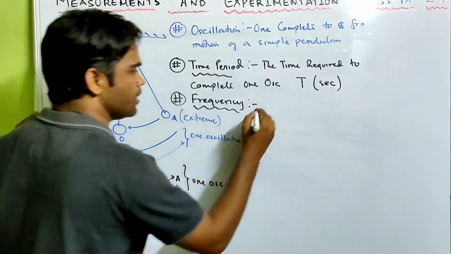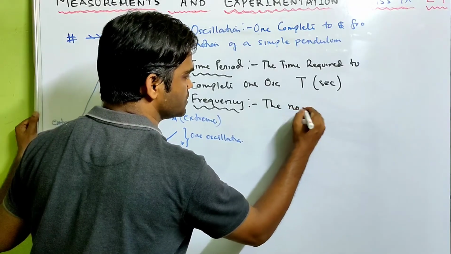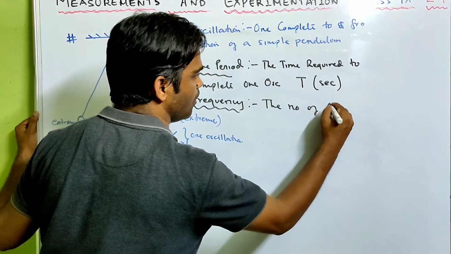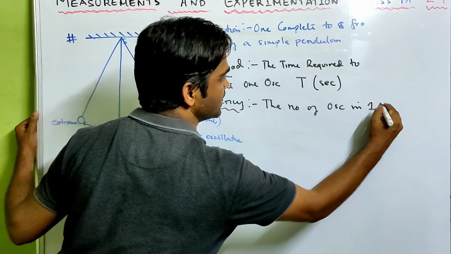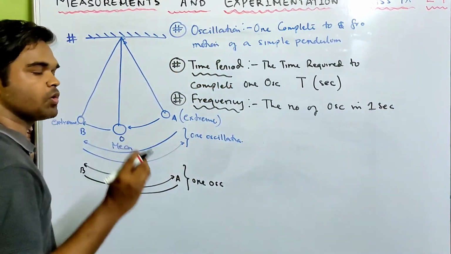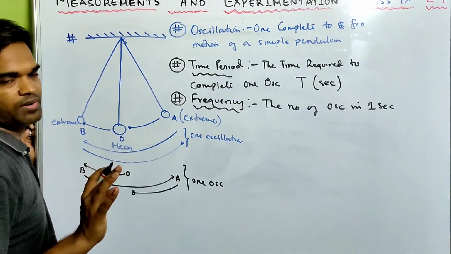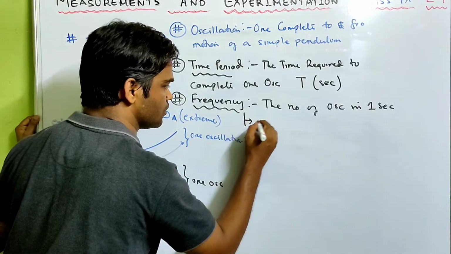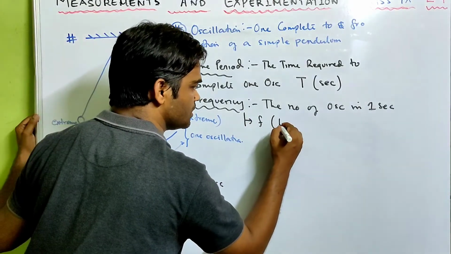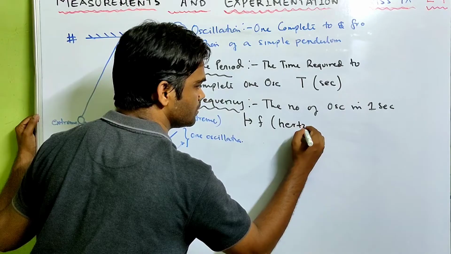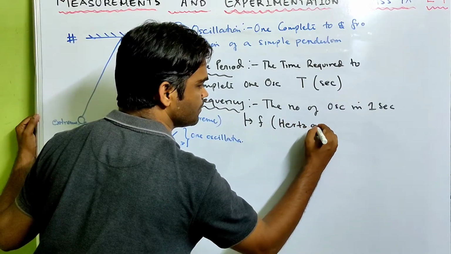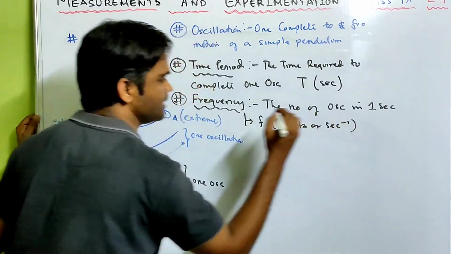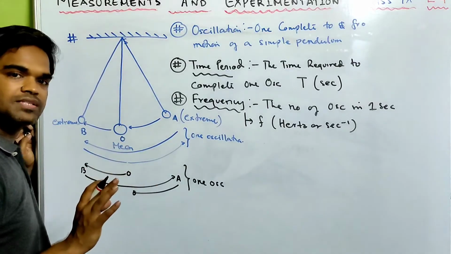The number of oscillations in 1 second is the frequency of the simple pendulum, and frequency is denoted by f, and the unit is hertz, or you can say per second.